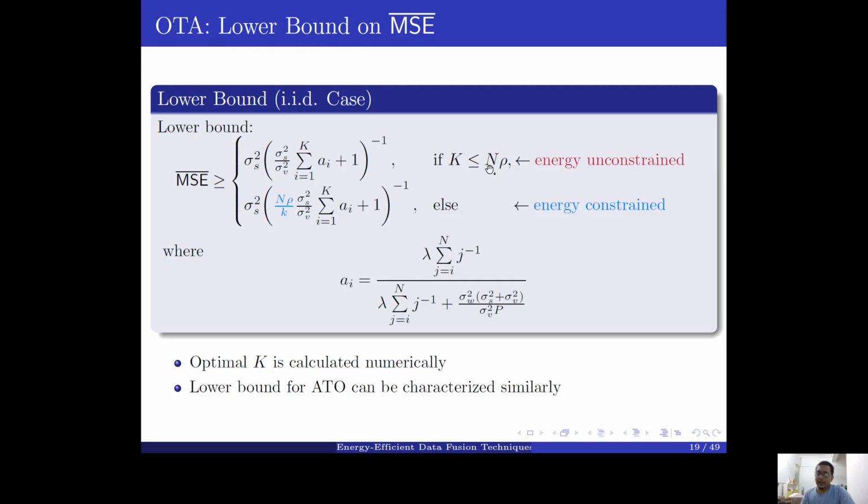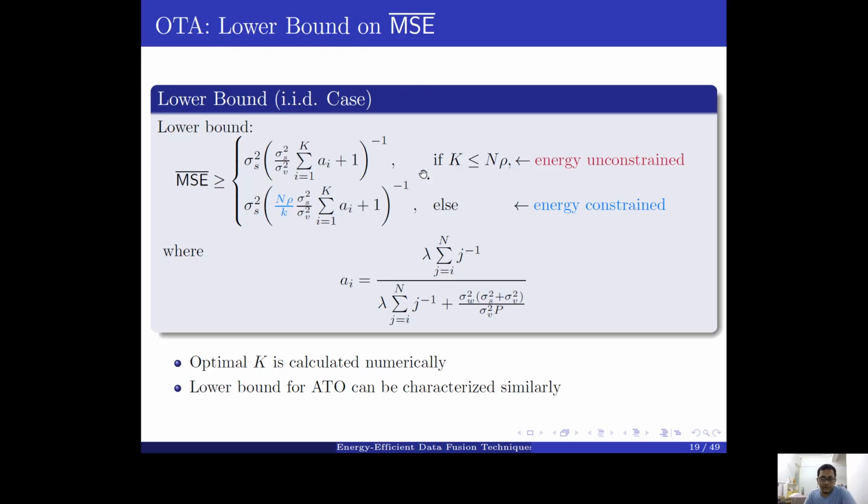K less than or equal to n rho denotes when the subset size is less, the nodes will be selected less often, so they can conserve energy and they are energy unconstrained. On the other hand, if the subset size is more than n rho, the nodes will be selected more often and so they will be energy constrained.